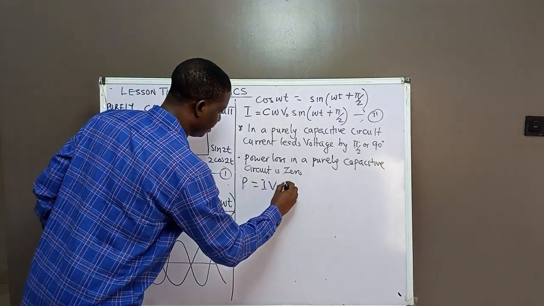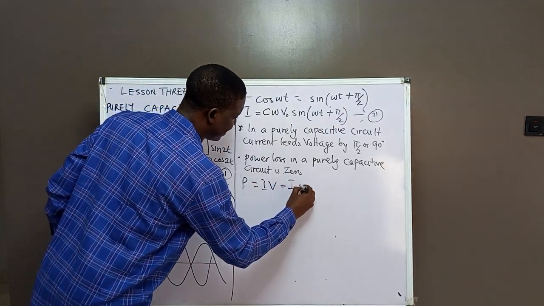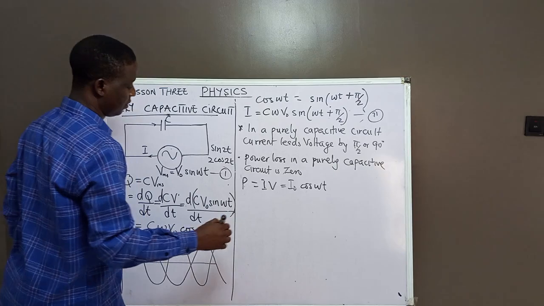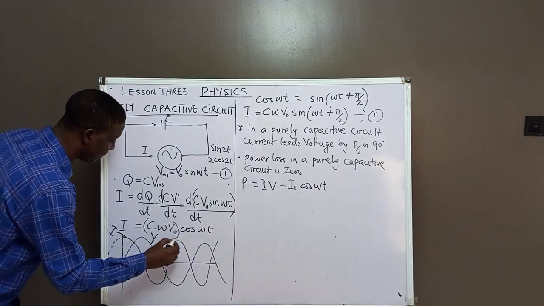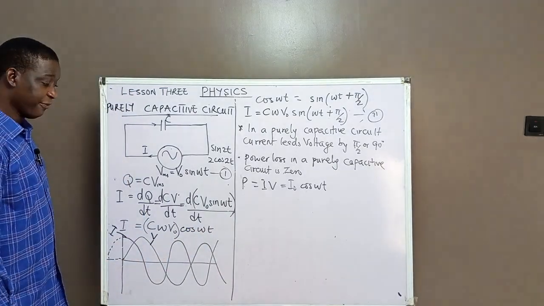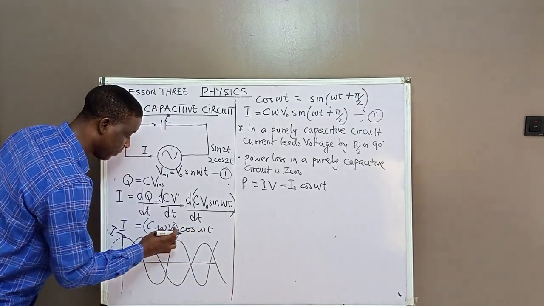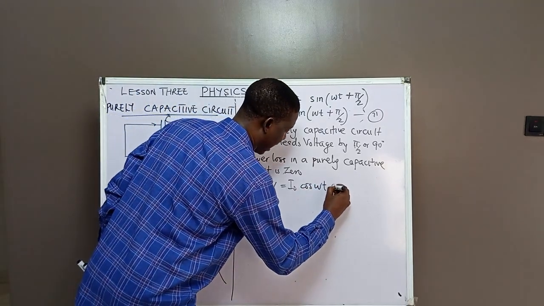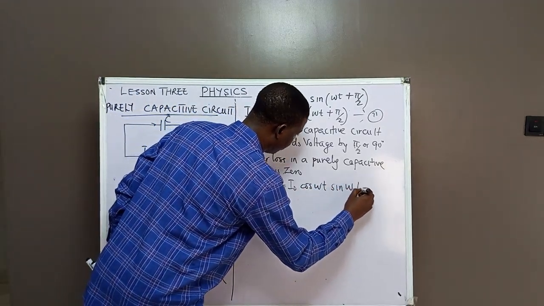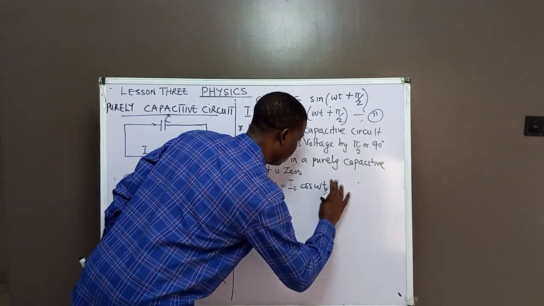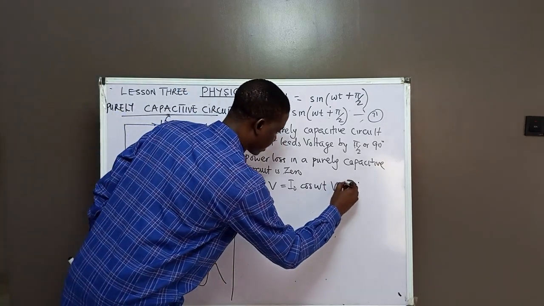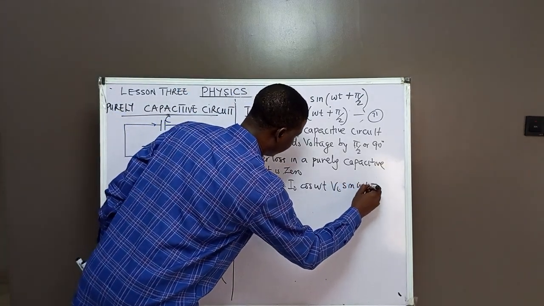Let's say the current is I naught cos WT, because everything here is representing I naught. Somebody else can say I can replace everything here with I naught. So now sine WT, that means V naught sine WT.